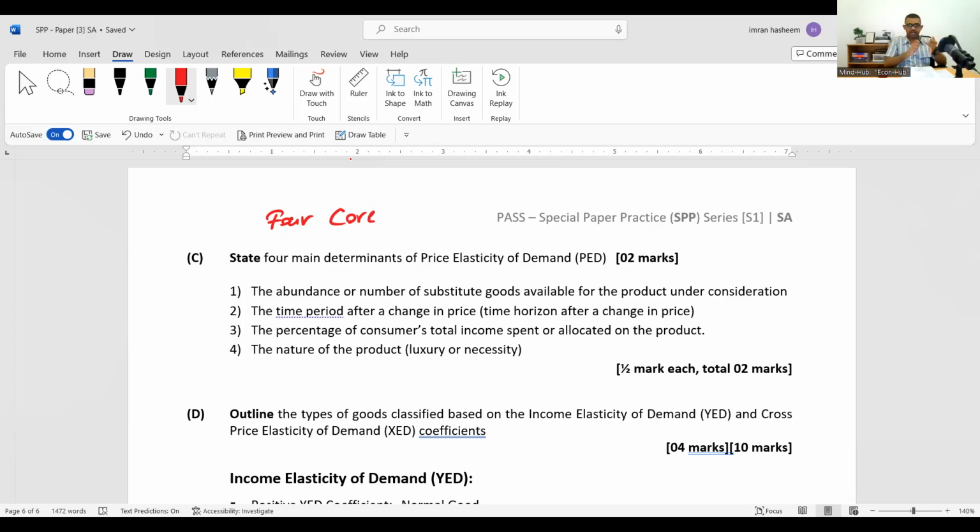Substitutes, time, percentage of income spent, and nature of the product. You can write more, but these 4 I need, written properly, not just the 4 words.